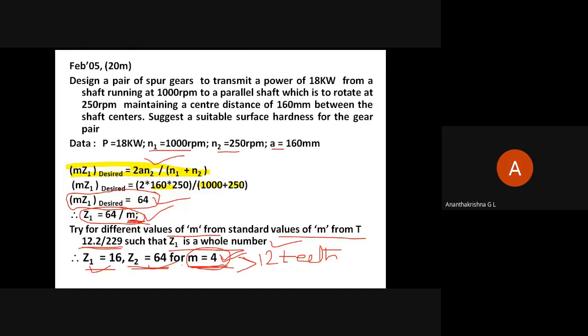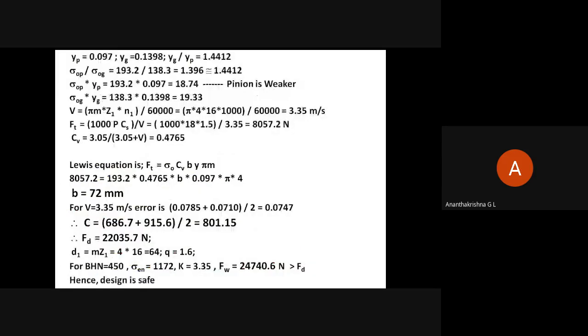You need to find out the Lewis form factor in pinion and in gear, and then get the YG by YP ratio. Then choose two materials such that the YG by YP ratio is almost equal to the sigma naught P by sigma naught G ratio, and find out which is the weaker of the gear pair. Further design is based on the weaker of the gear pair.